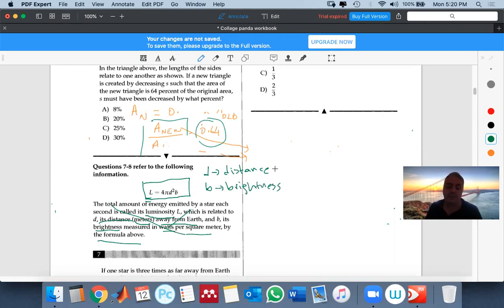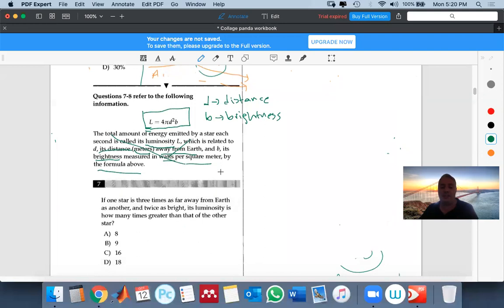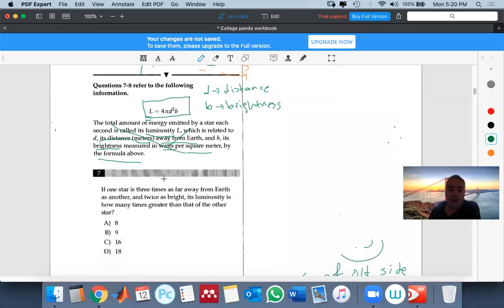Okay, brightness. Now let's go down the question. If one star is 3 times as far away from the earth as another, so there is star A, there is star B. What is the definition?